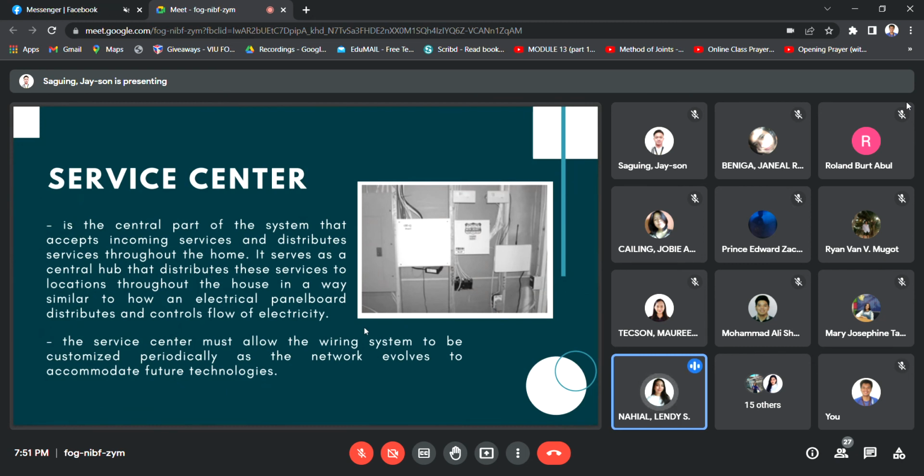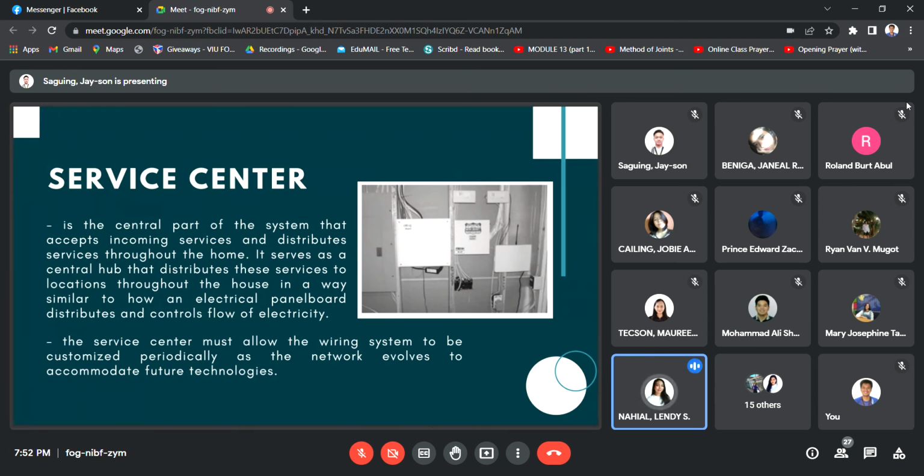Service. So the first component is the service center. The service center is sometimes called the central hub or distribution center. It is the central part of the system that accepts incoming services and distributes services throughout the home.